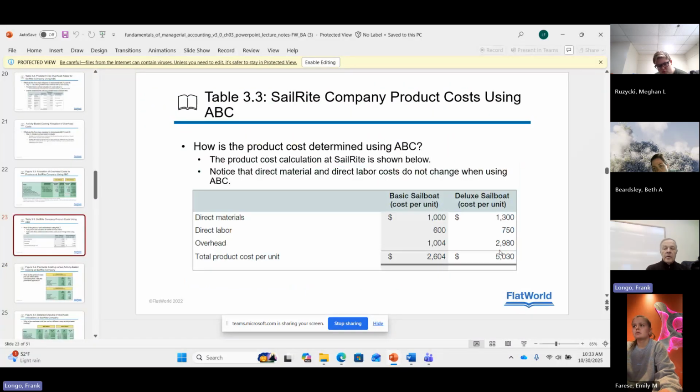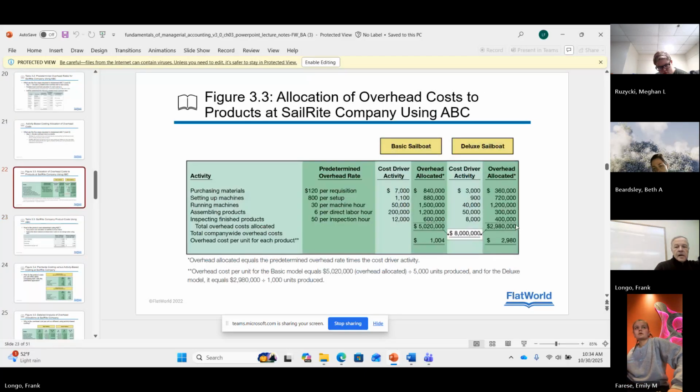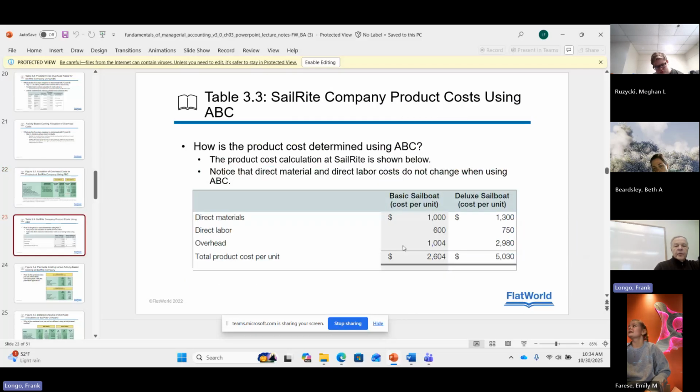So when we consider the total product cost per unit, we take those numbers of overhead: 1,004 for the basic. That 1,004 is the overhead, and we bring it down to overhead for the basic on our schedule.